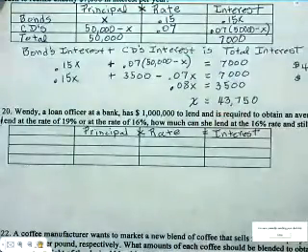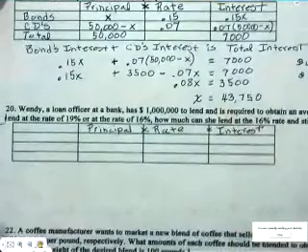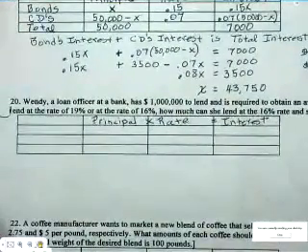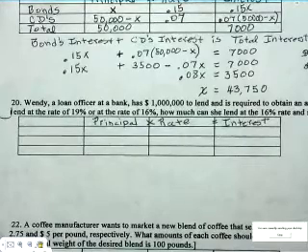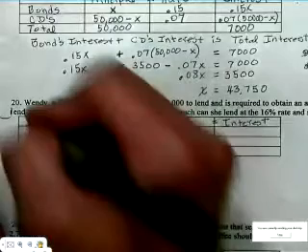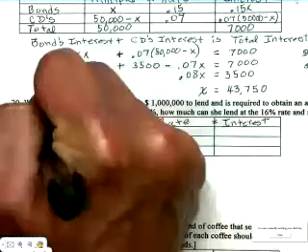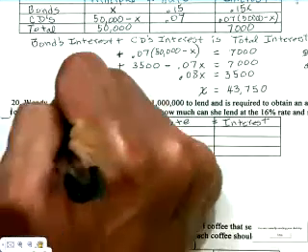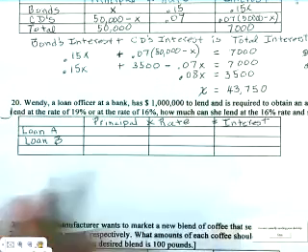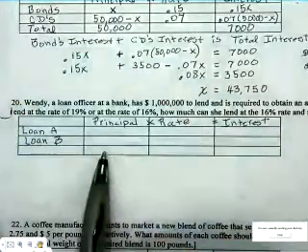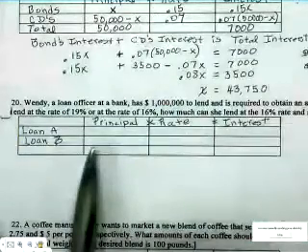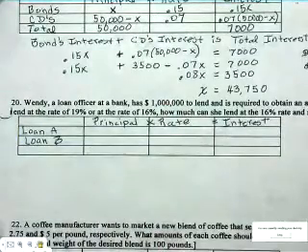Now, what are the two things being mixed here? We don't have names for them. You can make up your own names for them. You can call them loan A, loan B, cheap loan, expensive loan, whatever. You use words that make sense to you. I'm just going to say loan A and loan B. And for each one of those loans, either I know or I can calculate the amount of principal at that rate, the rate of each loan, and the interest each loan will yield.